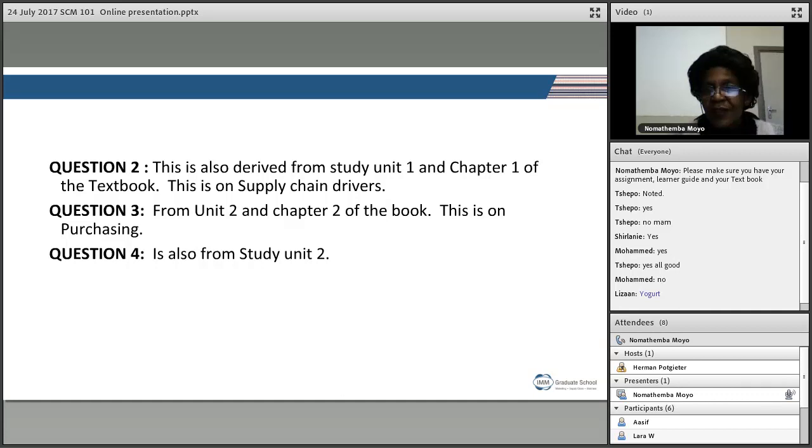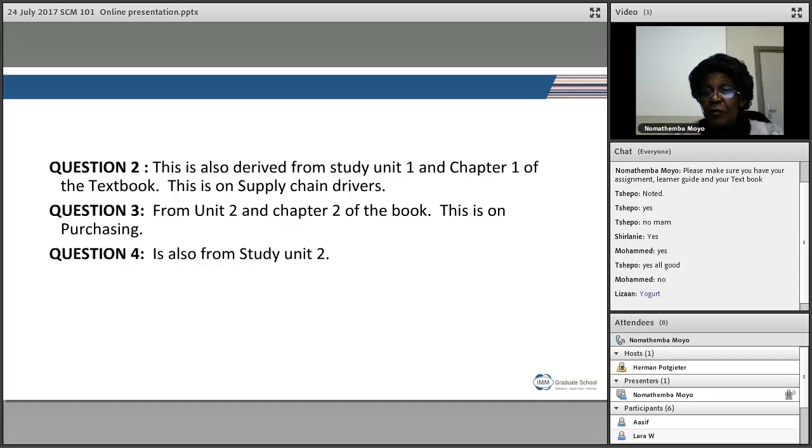Question 2. The first one was from Study Unit 1. Question 2 is also derived from Study Unit 1 in Chapter 1 of the textbook. This is on supply chain drivers. There are 6 of them, and you have to know them.